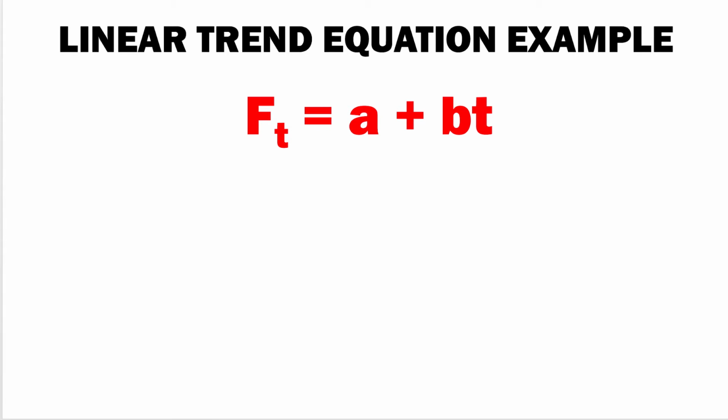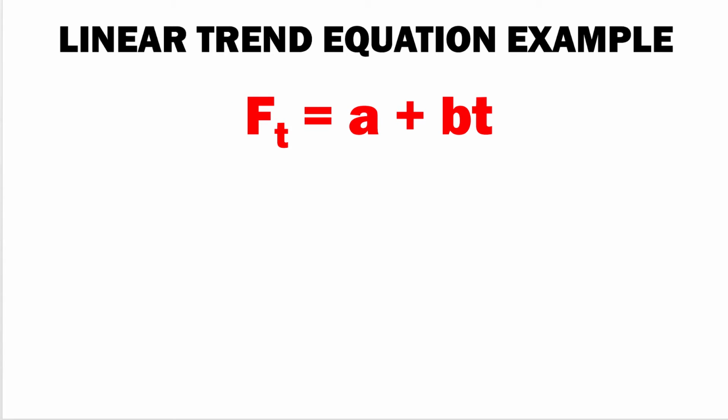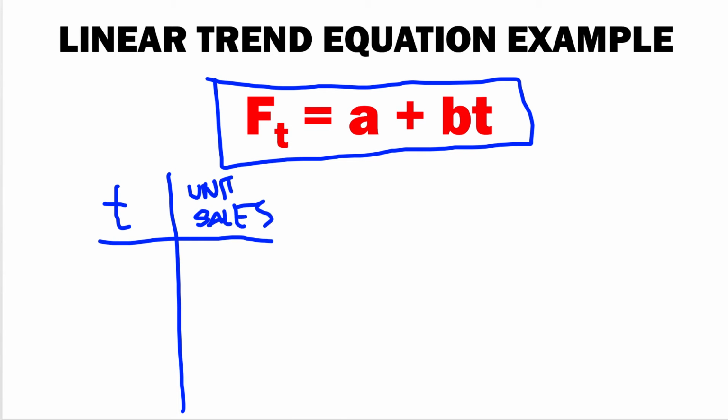In the previous example, the question gave us A, it also gave us B, and then you were asked to forecast for a specific time that was given to you as well. Another type of question that will be given to you is that you will have to determine the linear trend equation from a given table.